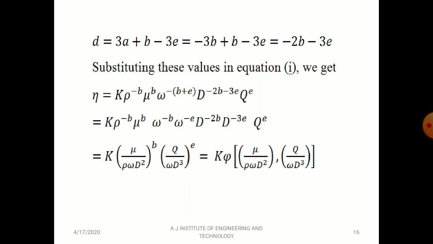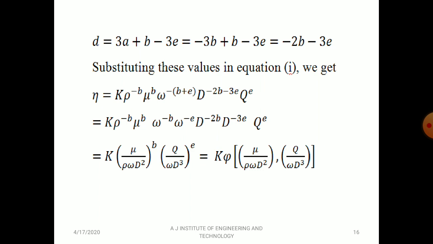So now I'll club together the b power terms and the e power terms. So k into mu divided by rho omega d square to the power b, because rho has the power minus b, omega has the power minus b, and d square, that is d to the power minus 2b.